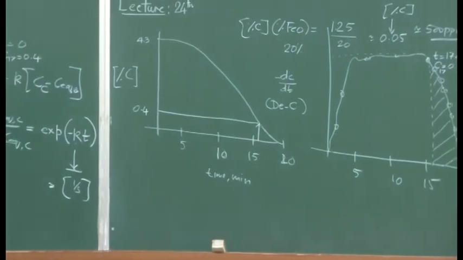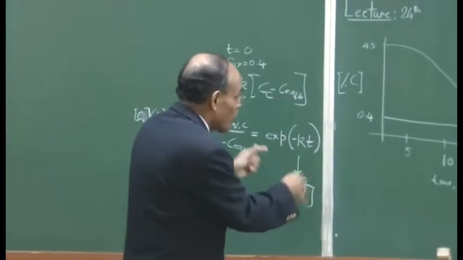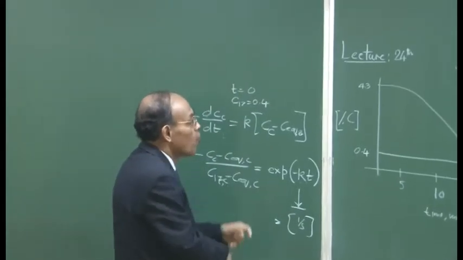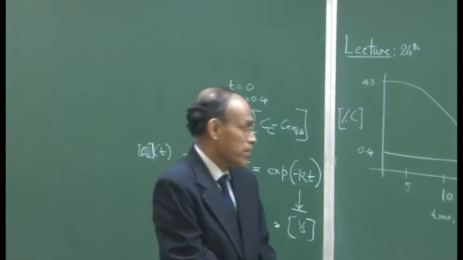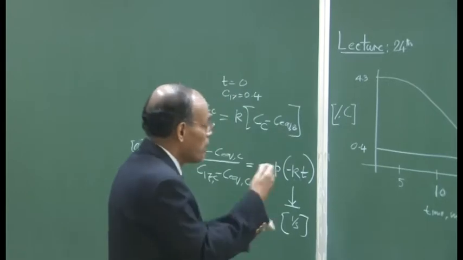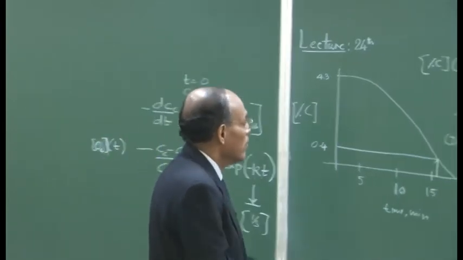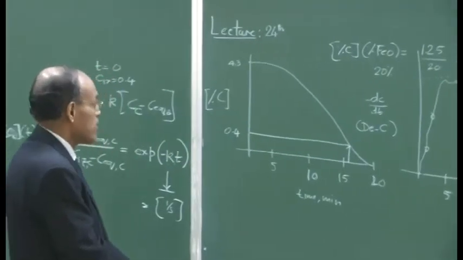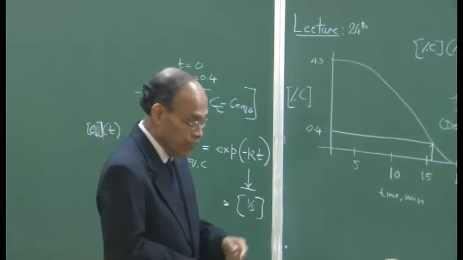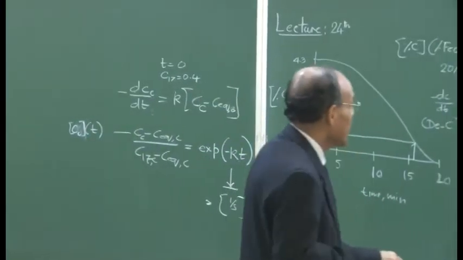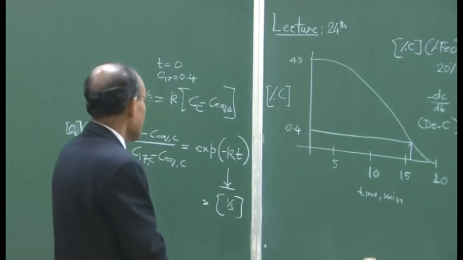So, I request you to take note of what I have written on the board and accordingly interpret whatever is there in the textbook as it is presented, and I hope that if the second edition comes out, I will get a chance to make corrections and amendments.